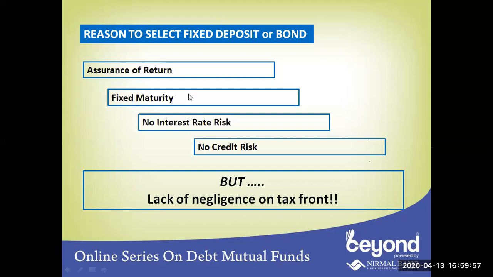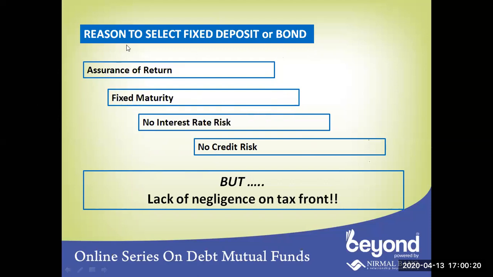Second is a fixed maturity: he knows when his FD is going to mature. Third, any change in interest rate is not going to impact the interest rate he is getting on that FD. And no credit risk.